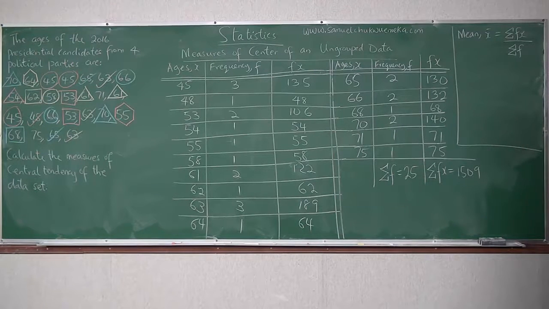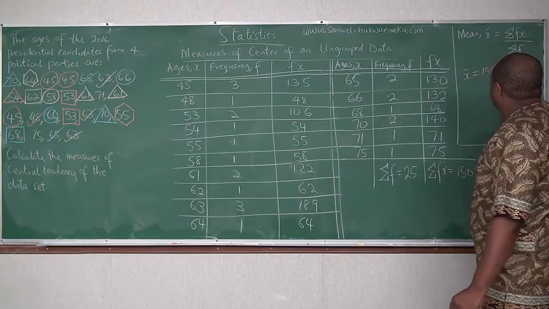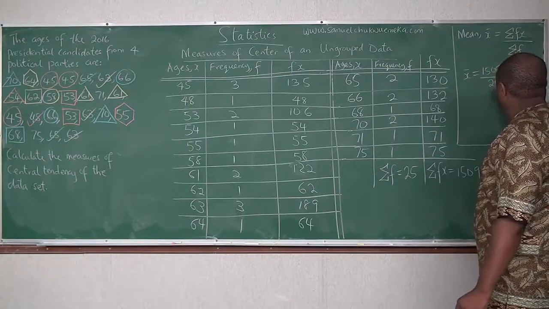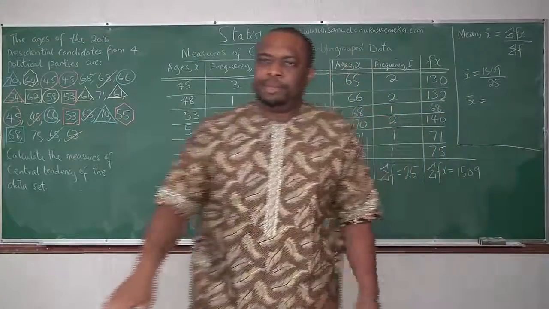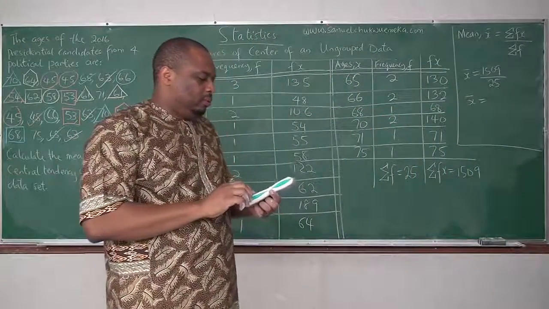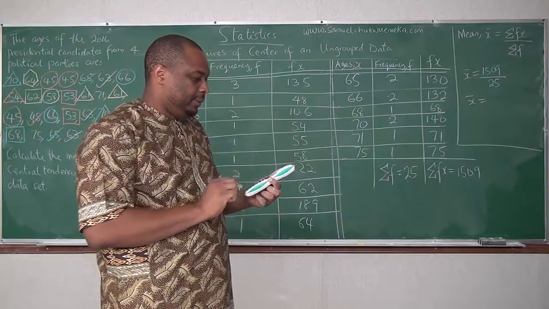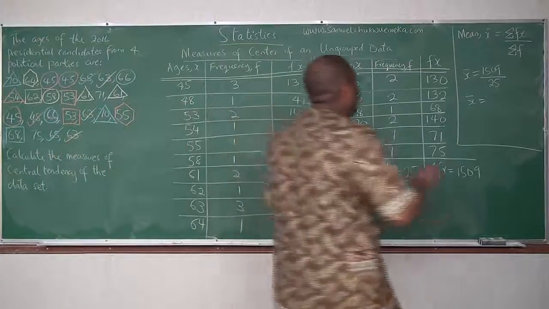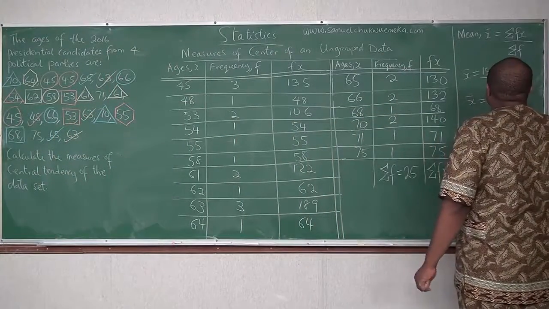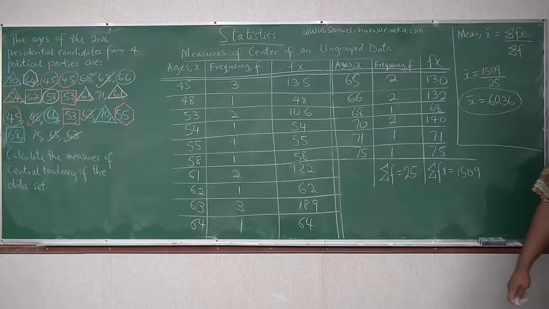So the mean will now be 1509 over 25. For this particular video, let us not round it. And this is 60.36. That's the answer. That is your sample mean.